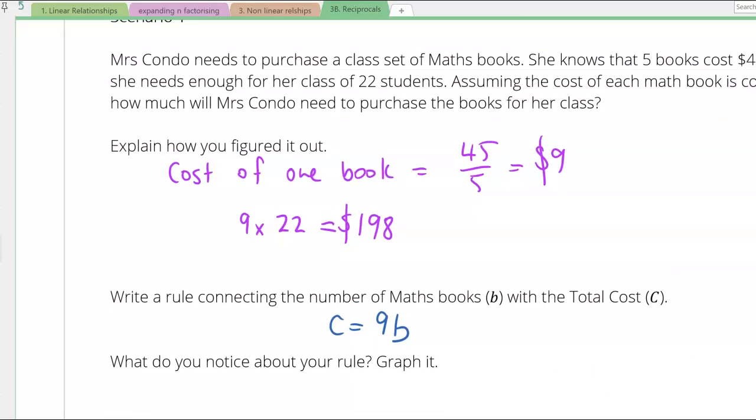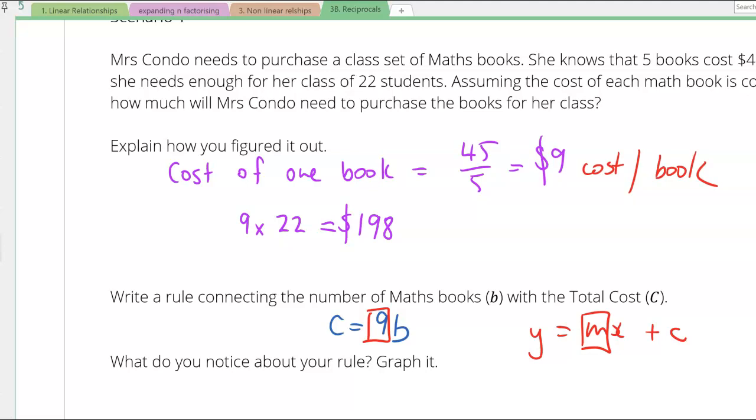That is a linear function, right? We're familiar with our linear functions, y equals mx plus c. Well, what does this m value represent? Isn't that just the 9 in this context, which represents the cost per book? It is a rate, and I've talked to you before about gradient representing a rate.